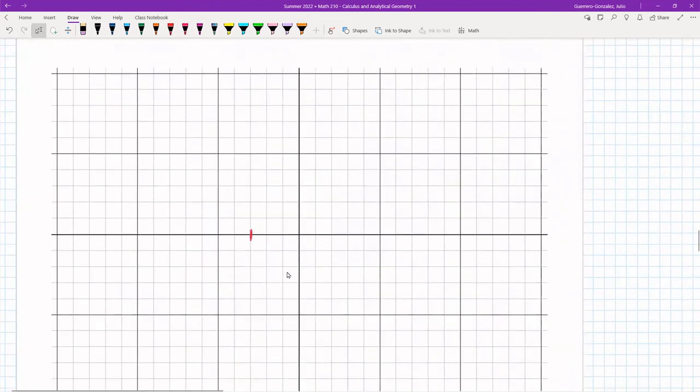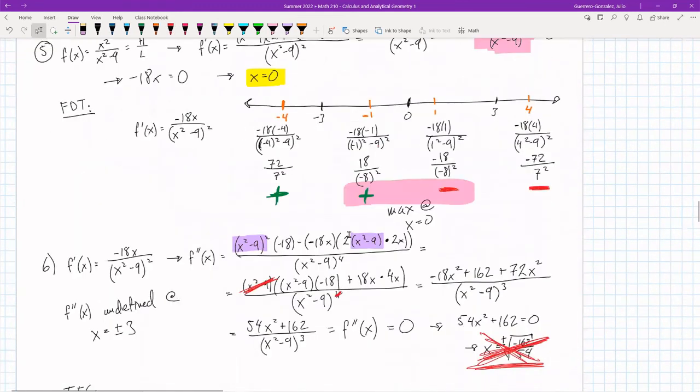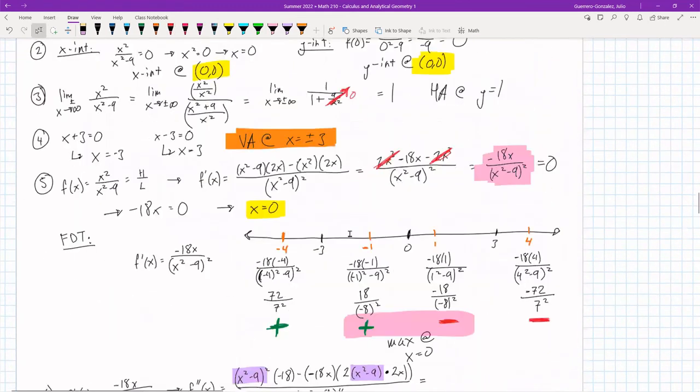Okay, that's good. -3 is right here. +3 is right here. So 1 and 4 are done.